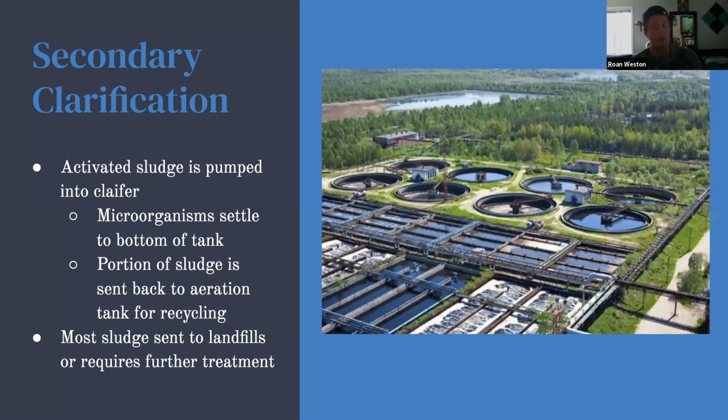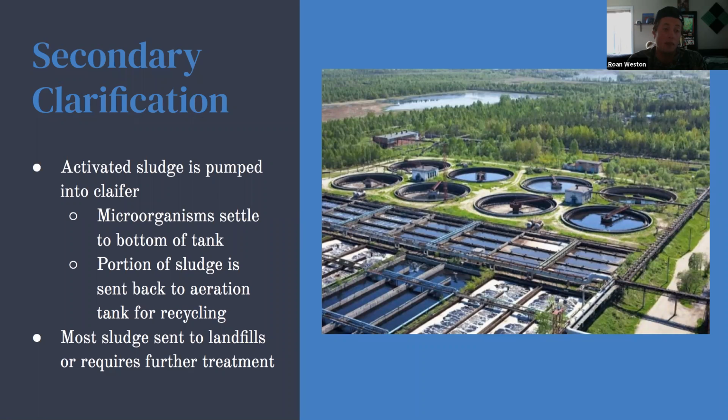After you use all of these biological treatments, you have to get rid of the activated sludge or some of the microorganisms that might have died in the water. So what happens is the water is pumped into a second clarifier, which you can see in the background here.